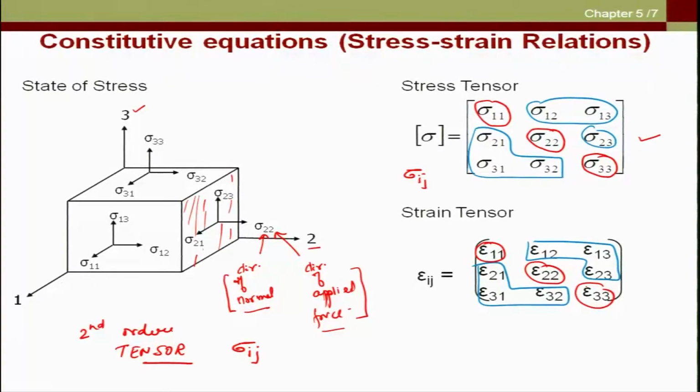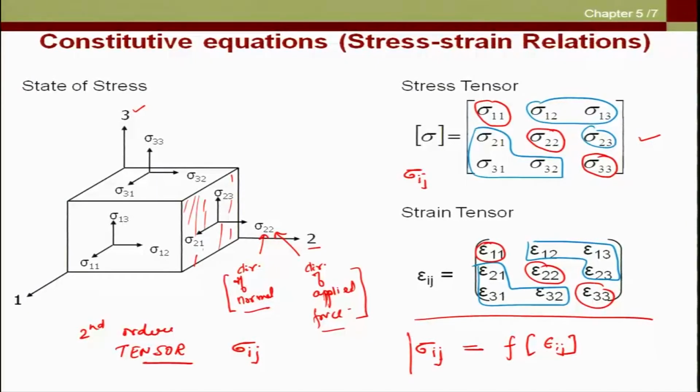So, this is our overall framing of the problem, and what we have to develop is the relationship of how sigma ij depends on epsilon ij.